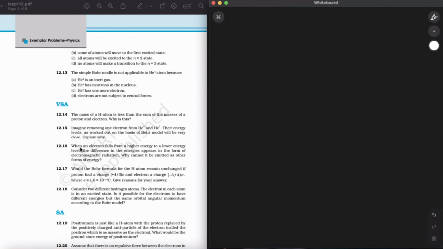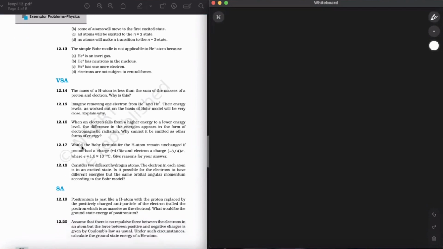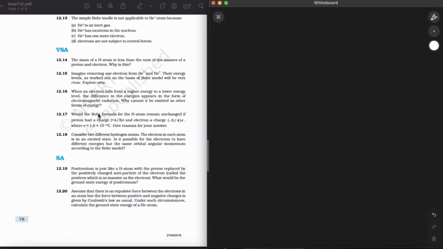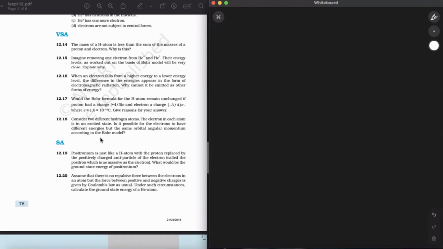Okay, so in atoms, we have done the VSA. We have to start from the short answer type of questions. So let us start from question number 19 now.